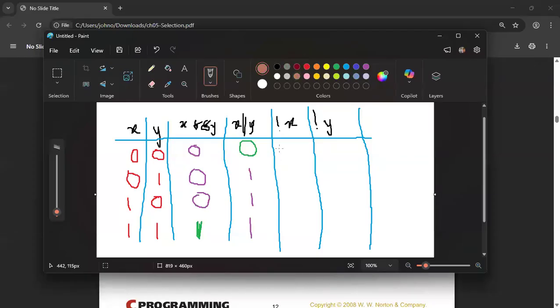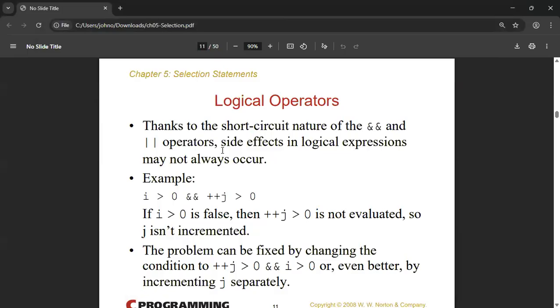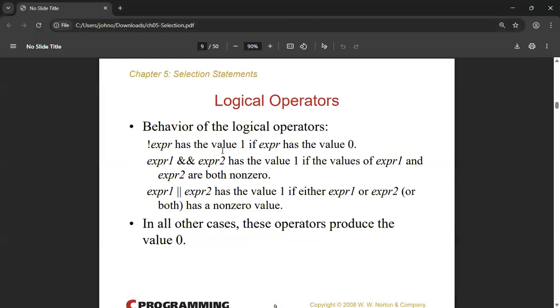Now for not x. For not, we said that this not means negation. We discussed that in our slide. Okay, we said it is negation.